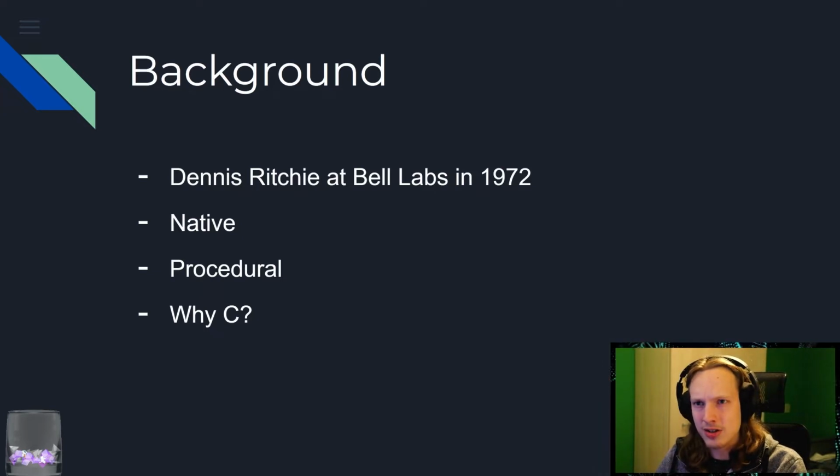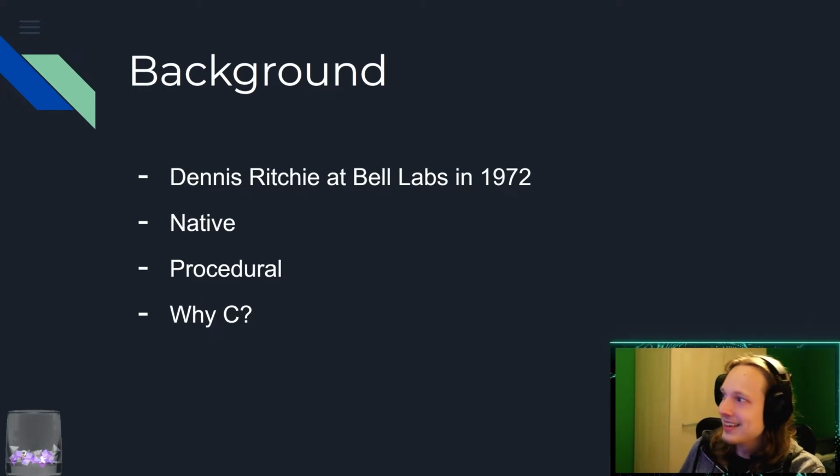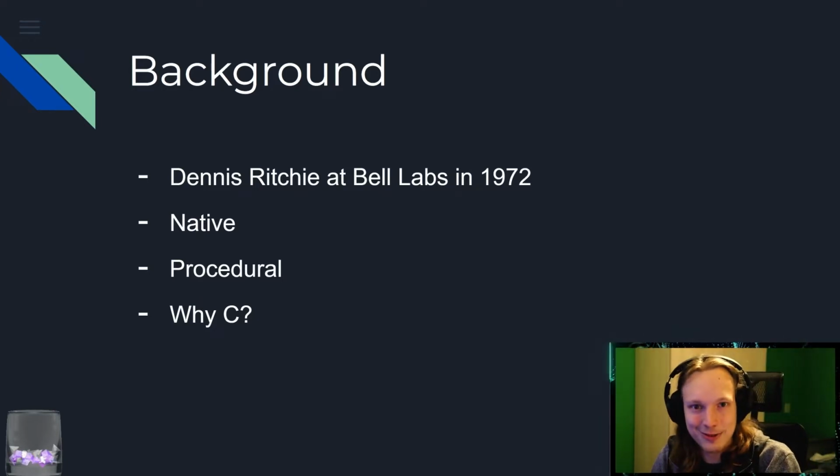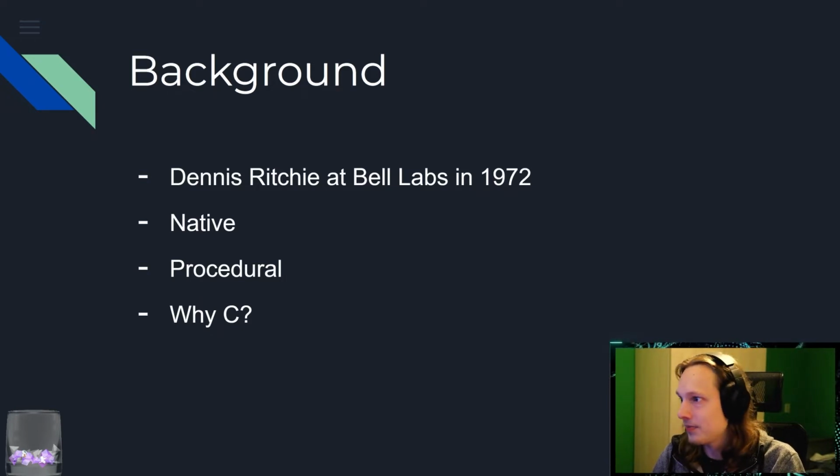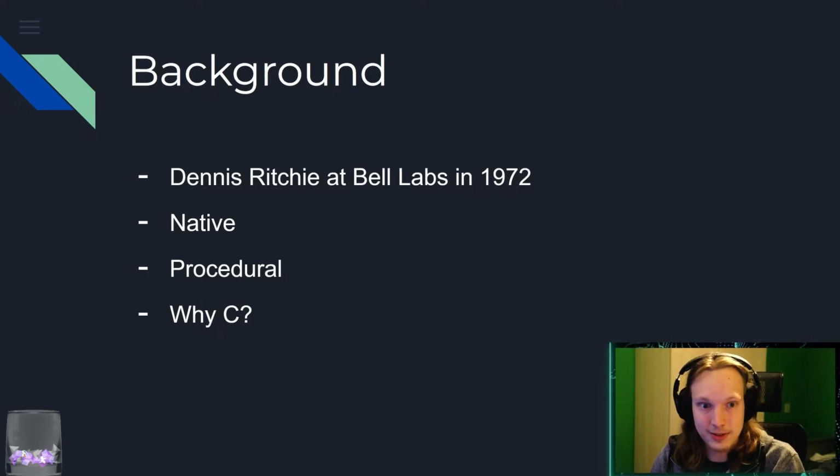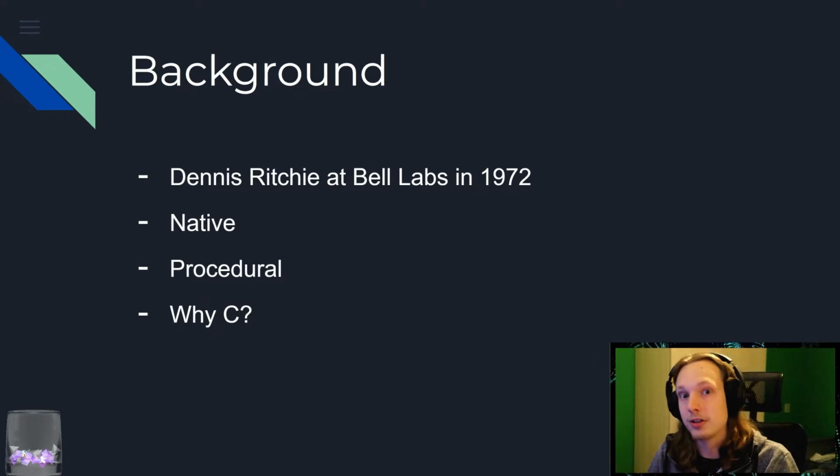Like Fortran or something, sure, it's a bit older, but I've never seen anyone program in Fortran in my life. So yeah, C is in respect to that still very popular.